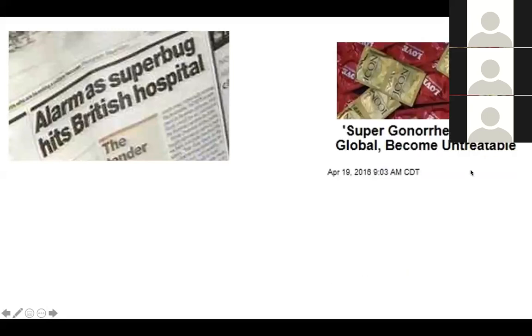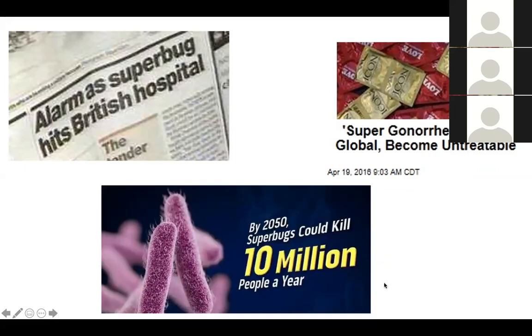Alarm as superbug hits British hospital. Super gonorrhea may go global, become untreatable. You can see this was 6 years ago. So has it become global and become untreatable? And then by 2050, superbugs could kill 10 million people a year.